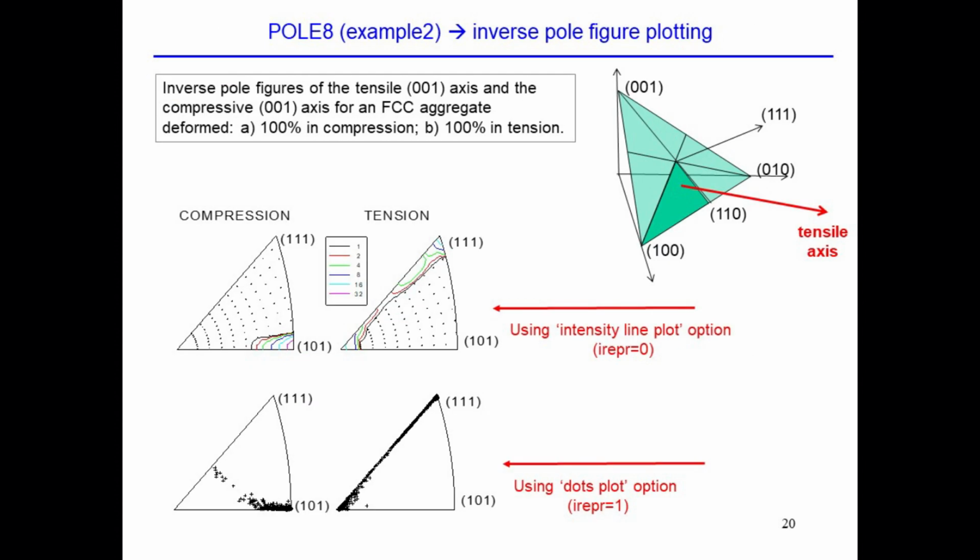And this, I showed you already, these inverse pole figures. This is what you should be getting using the intensity line plot option, which is I representation equals 0, and using the dots option, I representation equals 1. As a rule in my code, I use 0 as the default for parameters. Usually 0 are the defaults for running the code, and other values are the non-default.